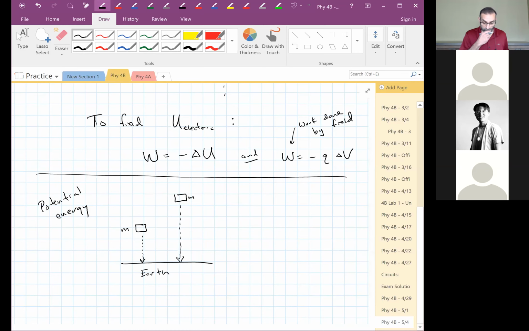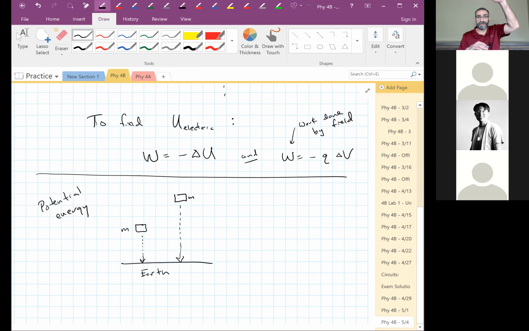Okay, so if I have a mass close to the surface of the Earth and I let go of it, the force of gravity can act on it for a certain distance, and it'll have some final speed right before it hits the Earth. If I take that same mass and I raise it up higher in the gravitational field, the force of gravity has a much longer distance to act on it now, and it'll be going much faster when it hits the surface of the Earth, right?